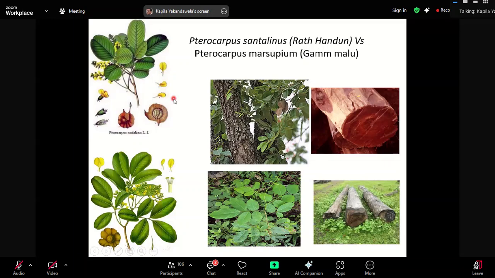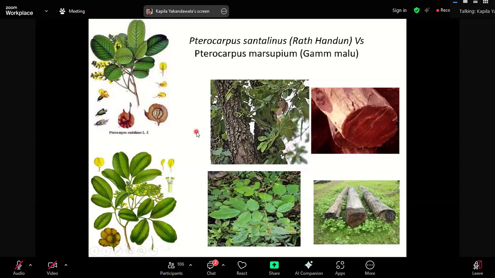After 10-15 years, they realized that it was a Gammalu, not Rathandun, because they identified it incorrectly. Rathandun is Pterocarpus santalinus. This is the Rathandun. It is a very valuable plant, just like gold. But Pterocarpus marsupium is Gammalu. It is commonly available. So it was a mistake. It was realized a long time after, several years.